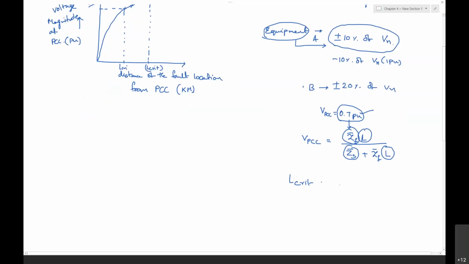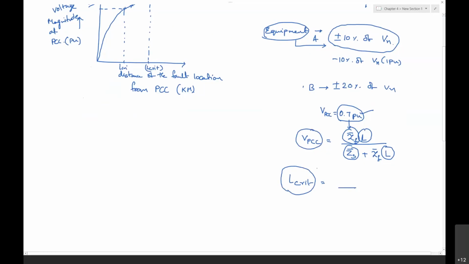This critical distance all depends upon what should be the threshold values of an equipment which gives a satisfactory performance.